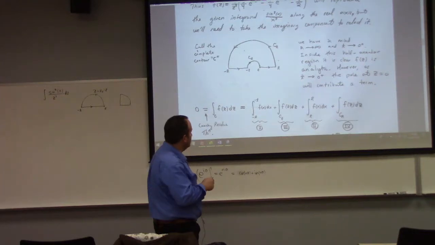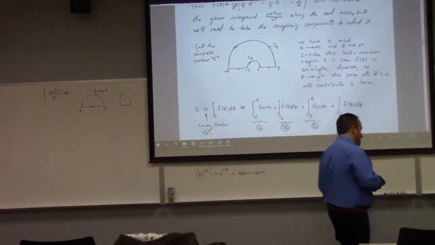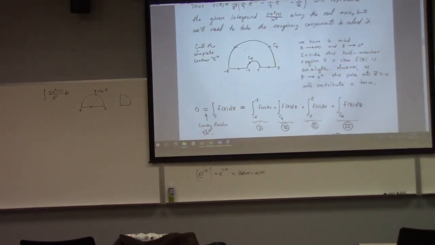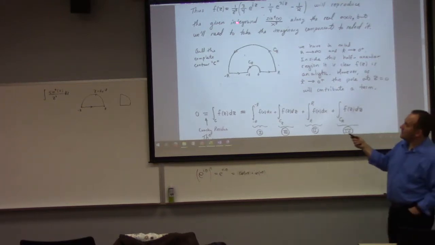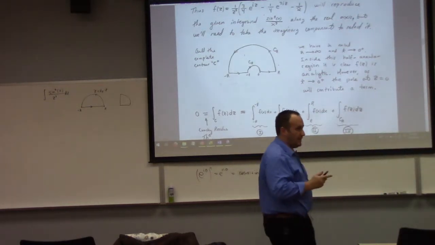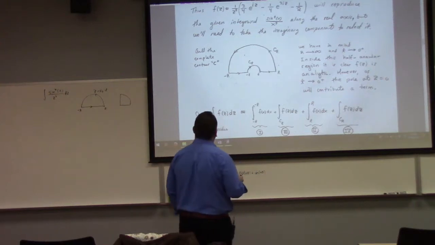So if I look at this kind of residue, I can use the fractional residue to pick up the pole. The e to the iz has 0 as a pole. Well, it's not just e to the iz, right? It's got the z cubed out front. So that gives me the pole here.